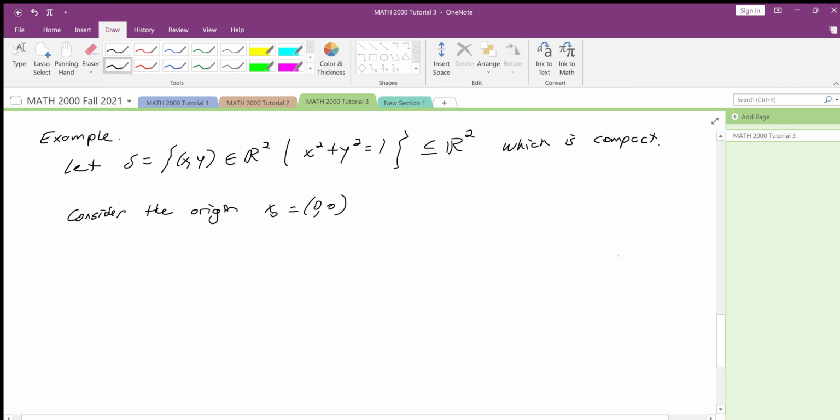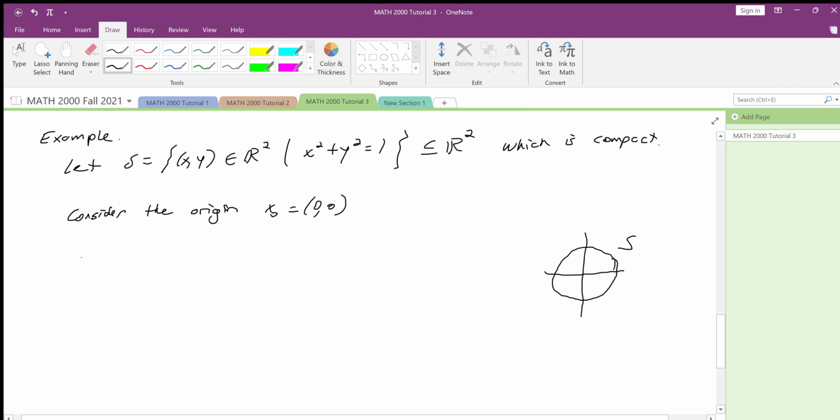Well, again, we're working with the unit circle. This is a circle, and the origin is (0, 0). And S is the unit sphere. So everything inside S has a distance of 1 to (0, 0). So quite trivially in this example, all points are points of minimum distance to (0, 0).